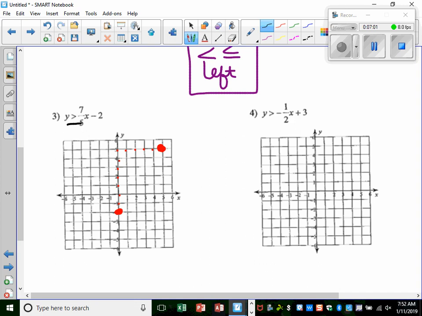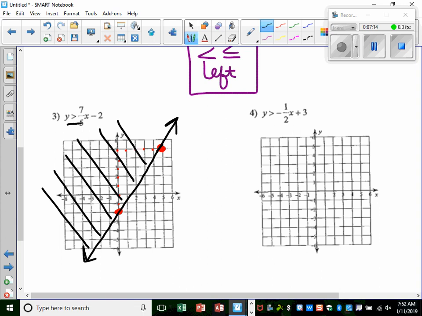So that means since I've changed it, this would be a solid line. And since it's greater than, we would shade above the line. So any point directly on this solid line would also be a solution, including what's in the shaded region.